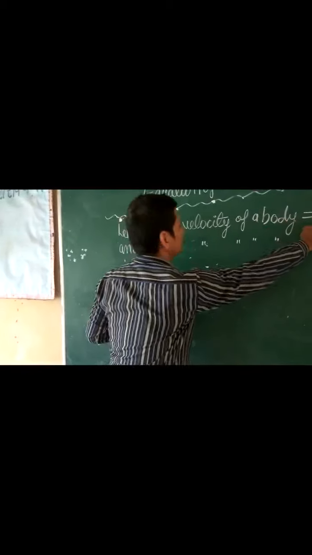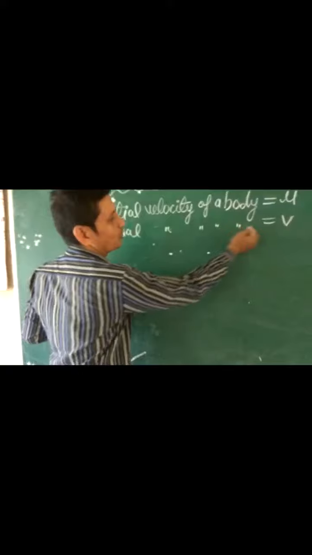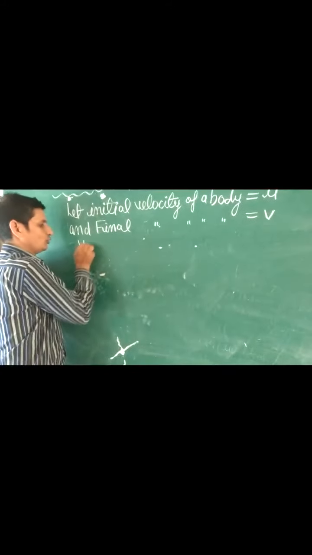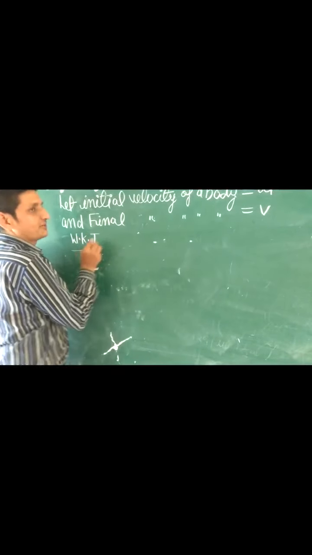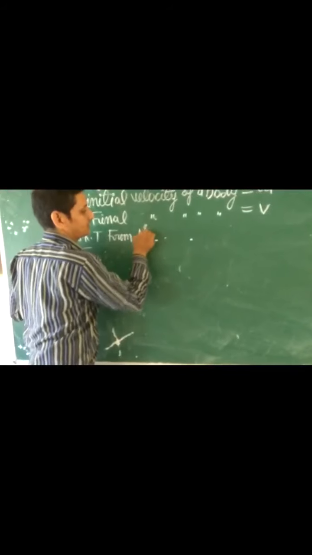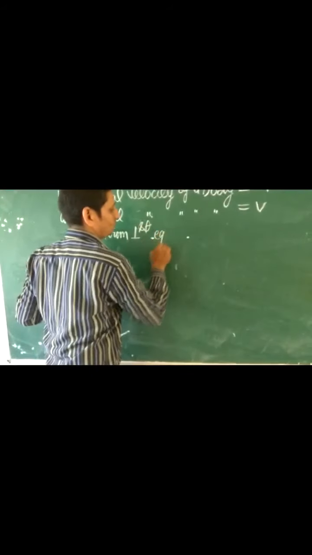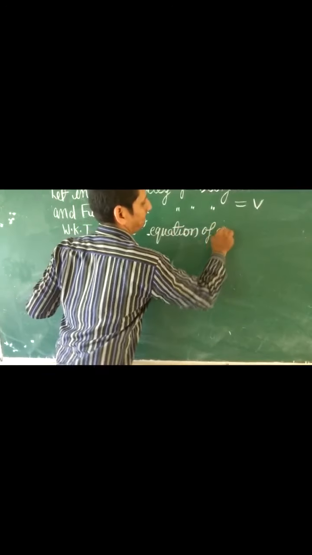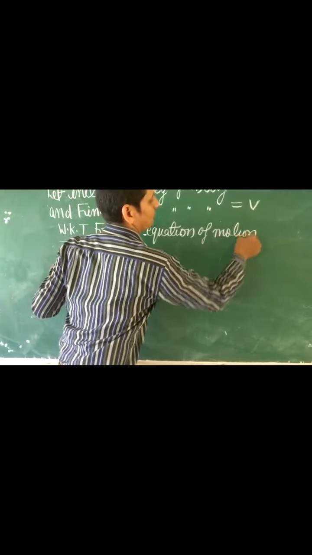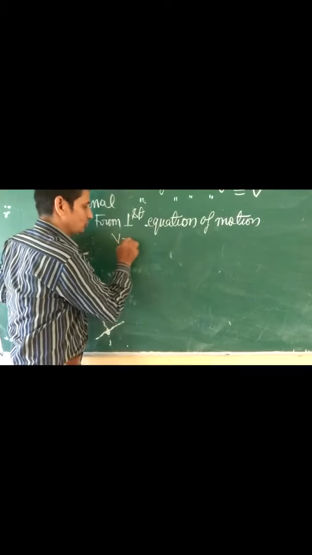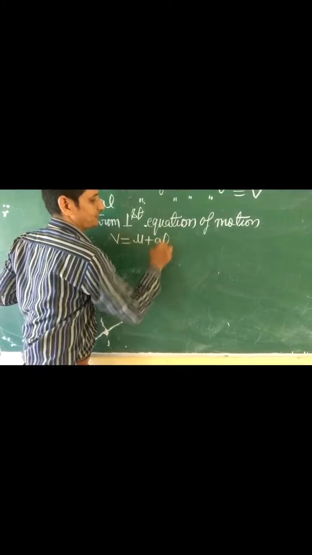Let the initial velocity of a body be equal to u and the final velocity of a body be equal to v. Then we know from the first equation of motion that v is equal to u plus at.